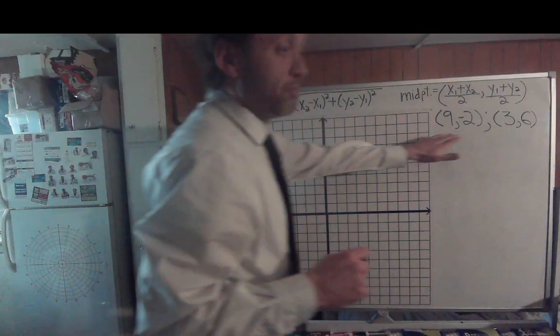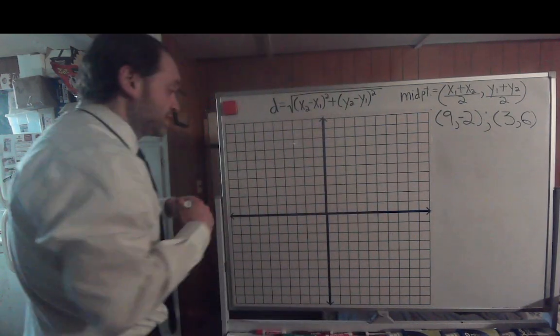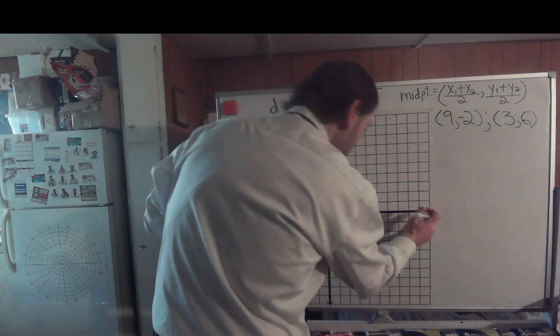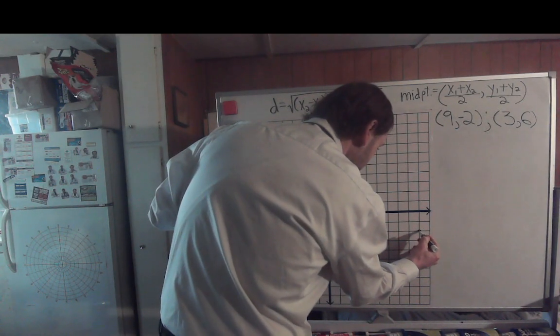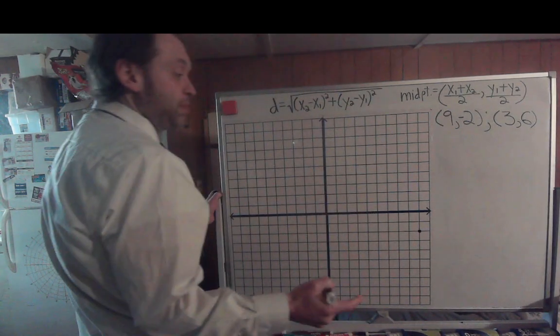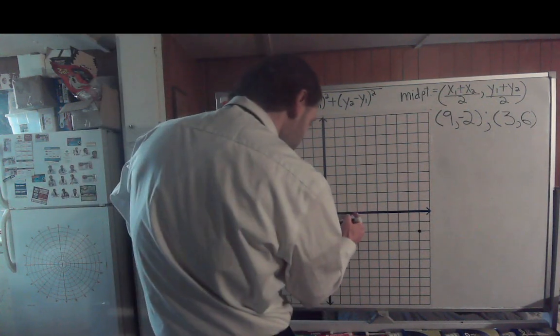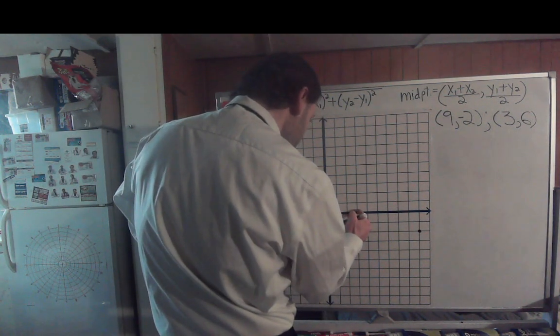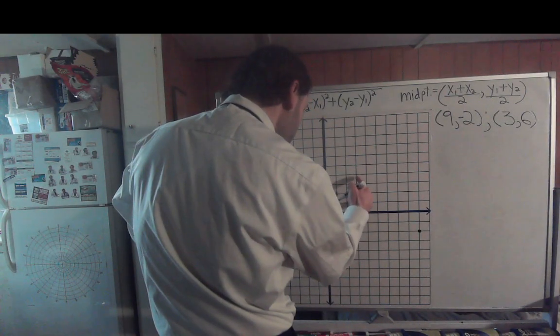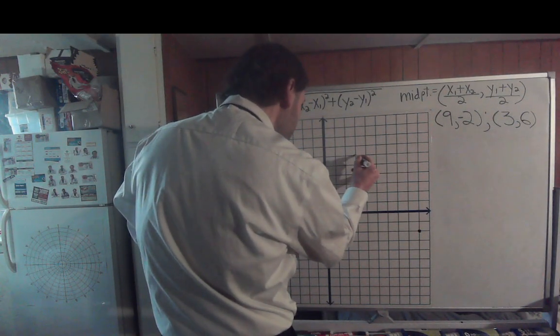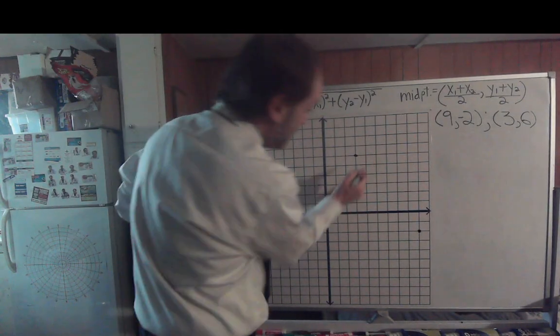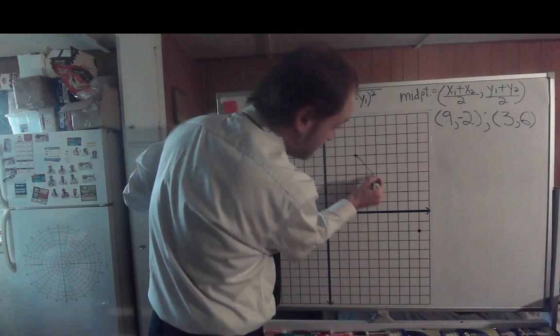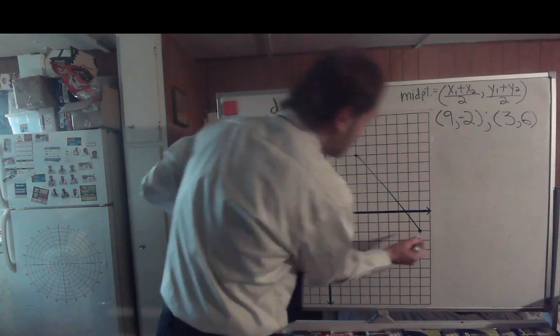So first we are going to find the distance between the points 9, -2, and 3, 6. 9's here, -2's down there. Now where's 3, 6? There's 3, 6. And just to put this into perspective, I'm going to draw a line between the 2 points.